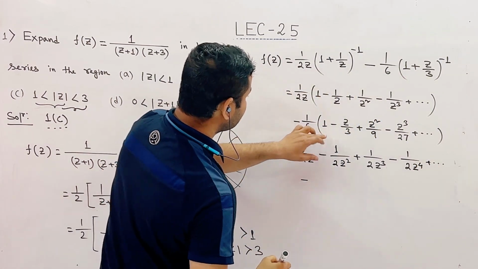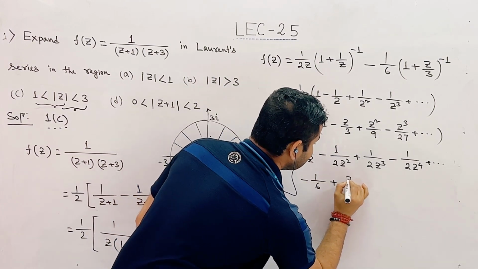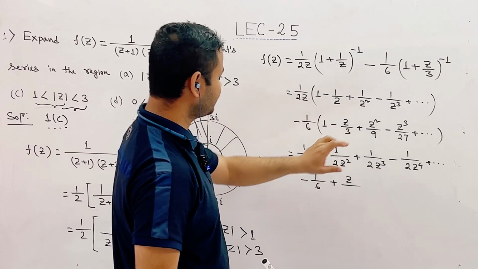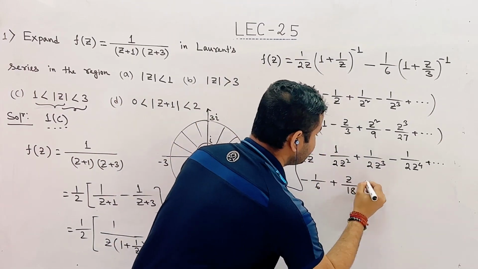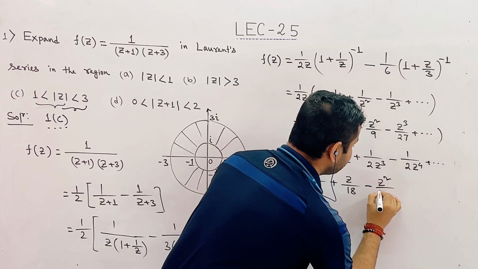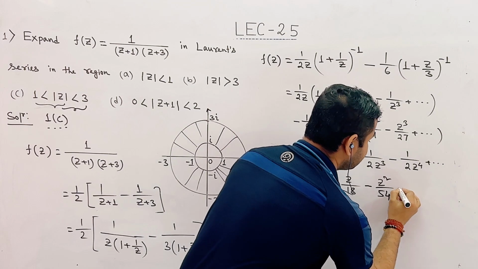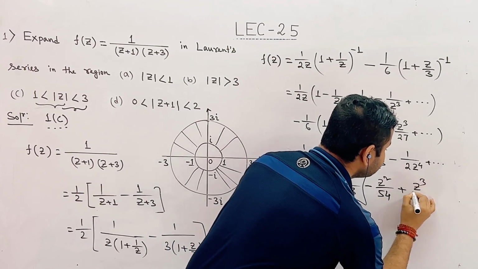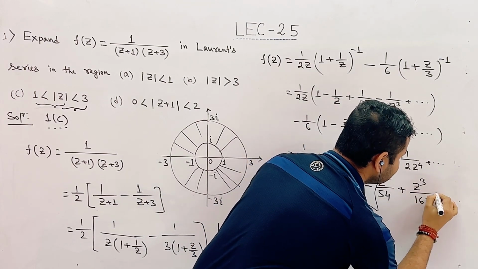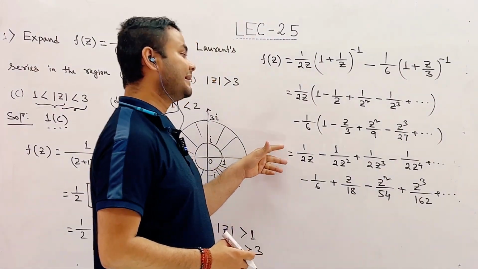minus 1 by 6 plus z divided by 18 minus z square divided by 54 plus z cube divided by 162 plus dot dot dot. Here we have seen that there is no same power terms.